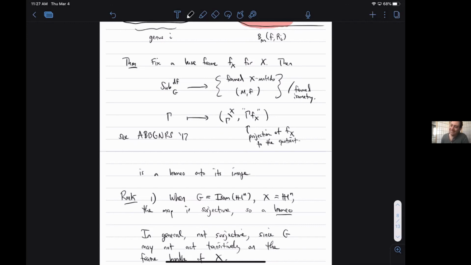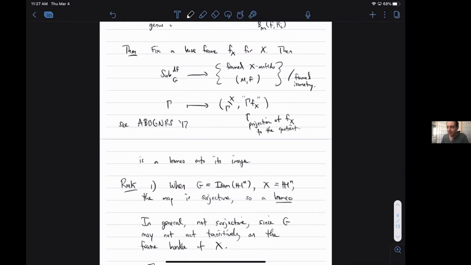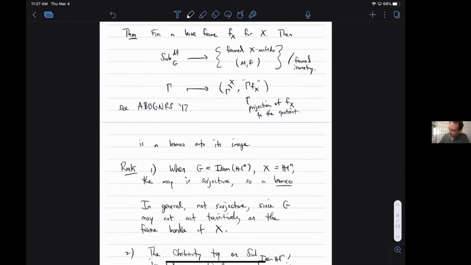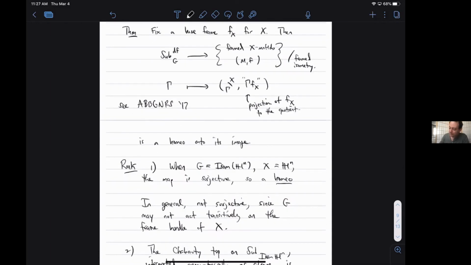Is this something like L2 invariants? Yeah, right. Limits of L2 invariants for lattices in Lie groups, or something like that.